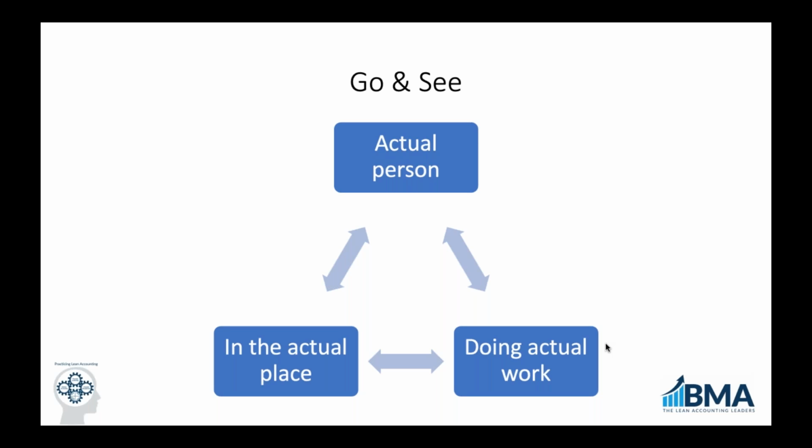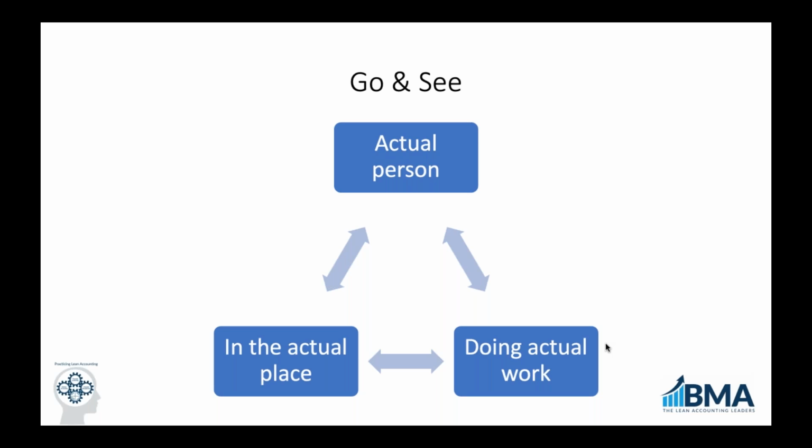Another thing which just popped into my head in terms of Go See, given what we've learned over the past year with the pandemic, is that you can do virtual Go Sees with people outside of your organization, your customers or your suppliers, and see how the interaction of the work happens, for example, a customer having to enter an invoice that accounts receivable sends.